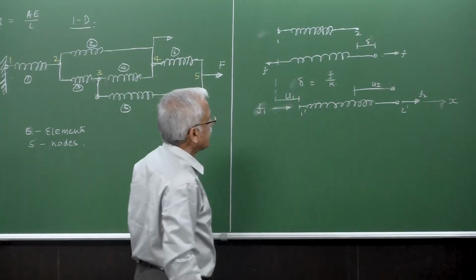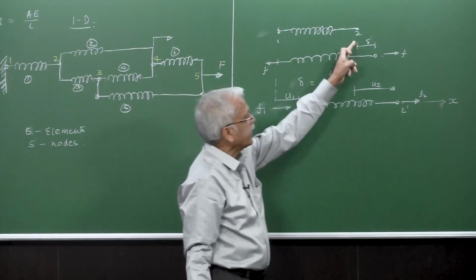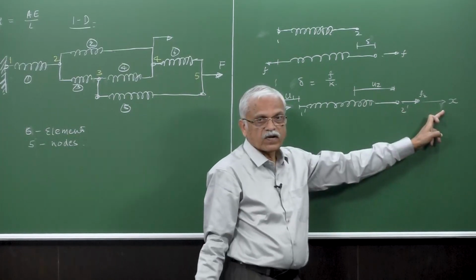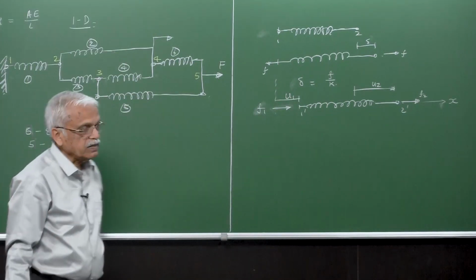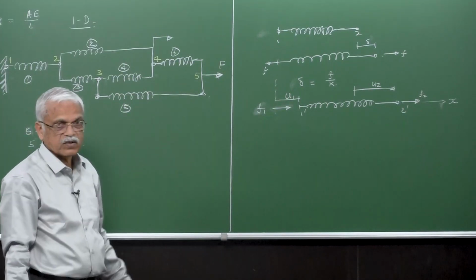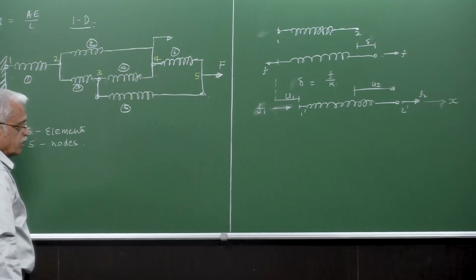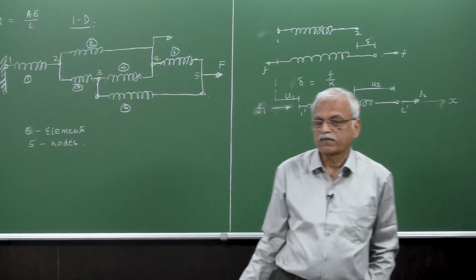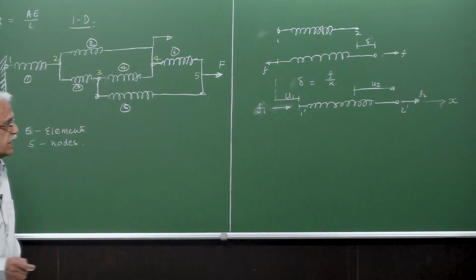So U1 and U2 are the deformations of node 1 and 2, and small f1 and f2 are the forces acting at node 1 and 2 in the positive direction. So everything is in the positive direction. Now we want to develop the relationship between the forces F1, F2 and U1, U2 in the positive reference direction.